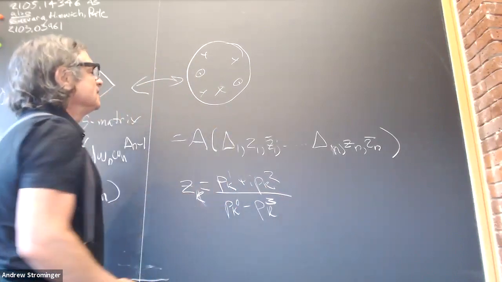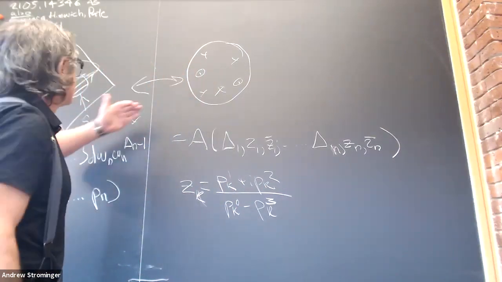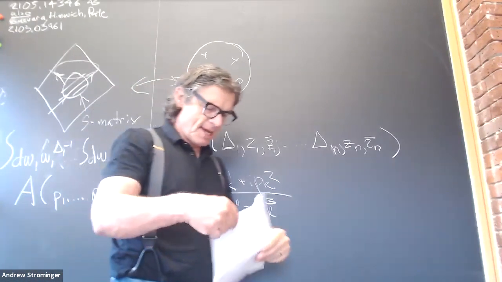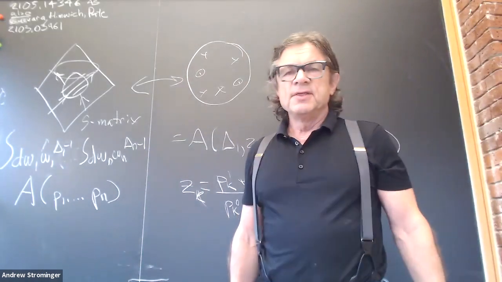So z is the point on the celestial sphere where a particle of momentum p exits.